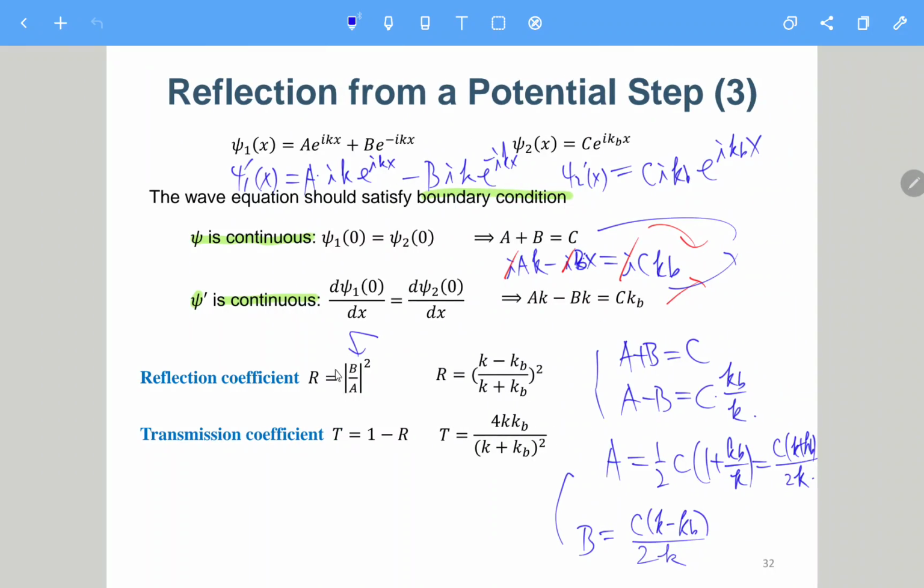So we have B over A, take the absolute value and then square. If you divide this one by this one, c and 2k will be cancelled. We will have k minus kb over k plus kb, quantity squared. So this is the refraction coefficient.